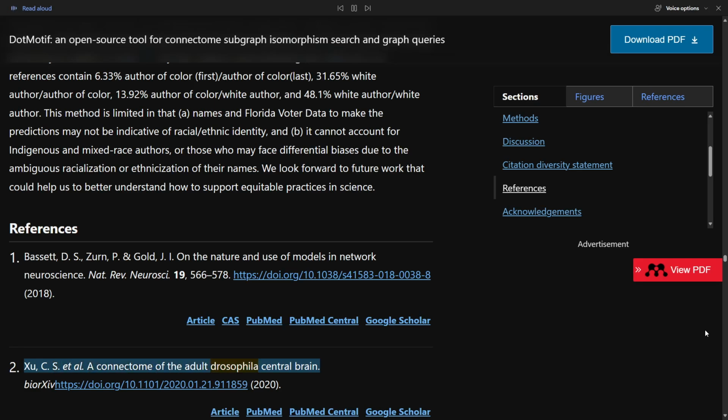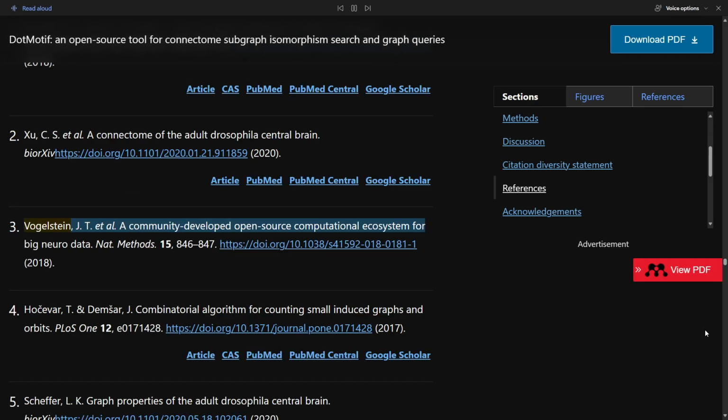A connectome of the adult Drosophila central brain. bioRxiv, 2020. Vogelstein J. T. et al. A community-developed open-source computational ecosystem for big neurodata. Nat Methods, 846 to 847, 2018. Hocevar T. and Demsar J. A Combinatorial Algorithm for Counting Small Induced Graphs and Orbits.